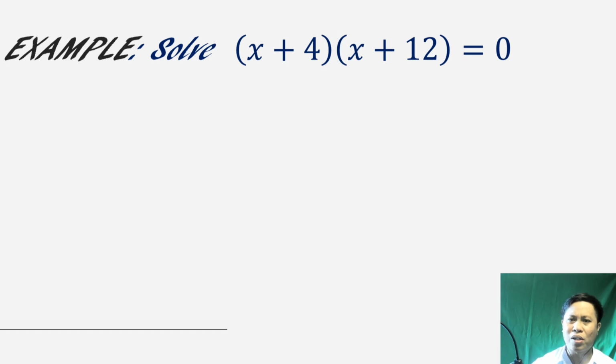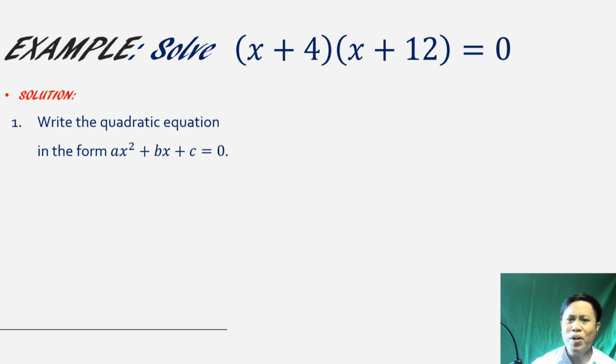Let us have another example on how to solve quadratic equations using the quadratic formula. The first step is to write it in standard form. The given equation is not in standard form, so we are going to expand the product of x plus 4 and x plus 12. x times x gives x squared. Then x times 12 gives 12x.